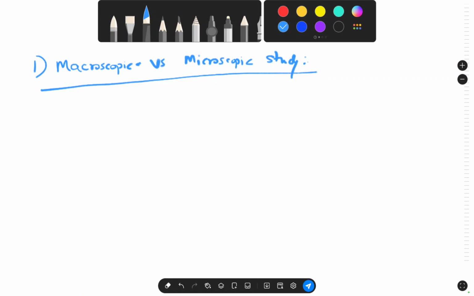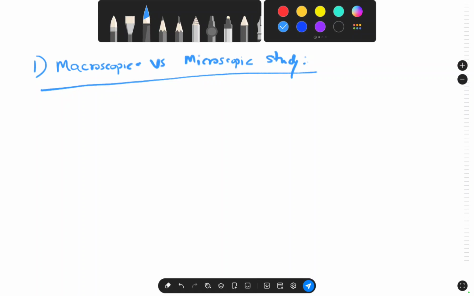In macroscopic, we disregard the behavior of individual molecules, but in microscopic we have to consider the behavior of each individual molecule and take the summation of them to get the net effect.